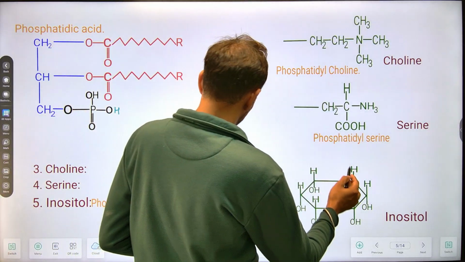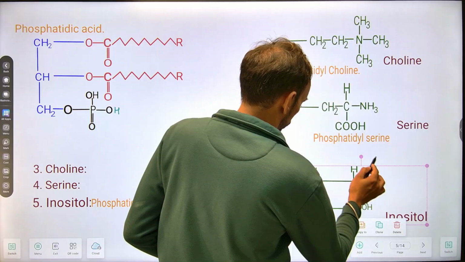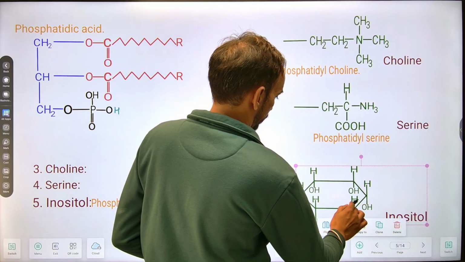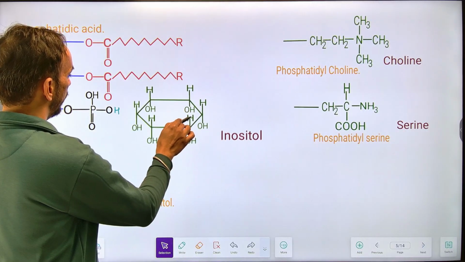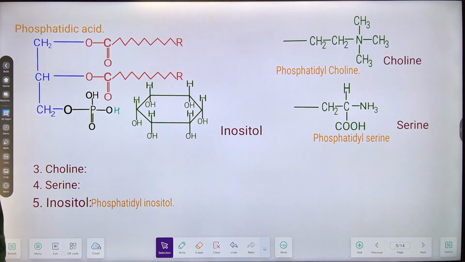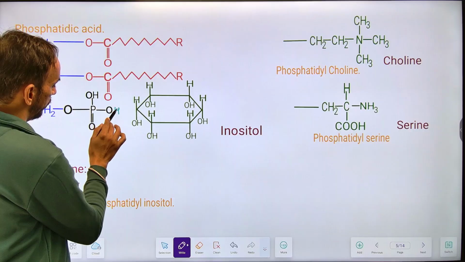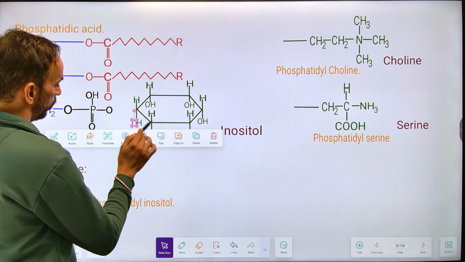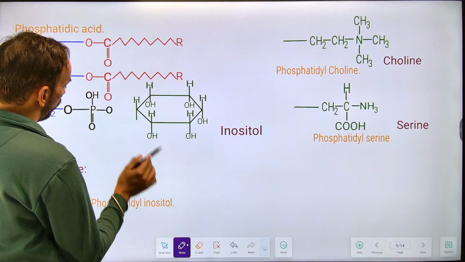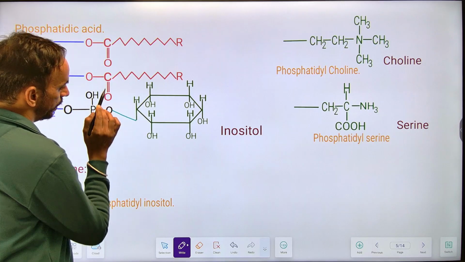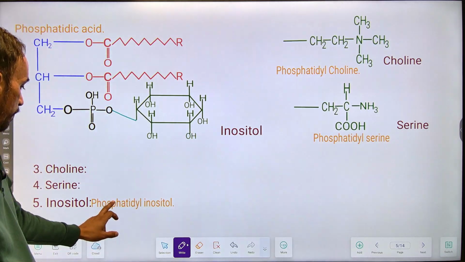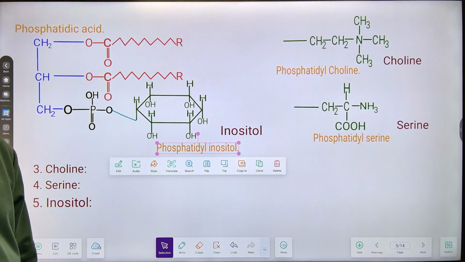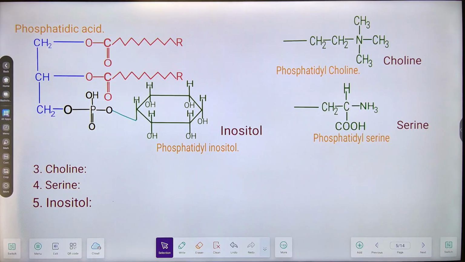On this phosphatidic acid, if there is an addition of a sugar molecule, that is the inositol, अगर यहाँ पे inositol को अपन ऐड करें, again there is an intramolecular condensation reaction that includes the removal of H2O. तो H2O यहाँ से remove हो जाएगा, and there is a formation of bond between this phosphatidic acid and inositol that will lead to the formation of another category of glycerol phospholipid known as phosphatidyl inositol. So this is the structure of phosphatidyl inositol.